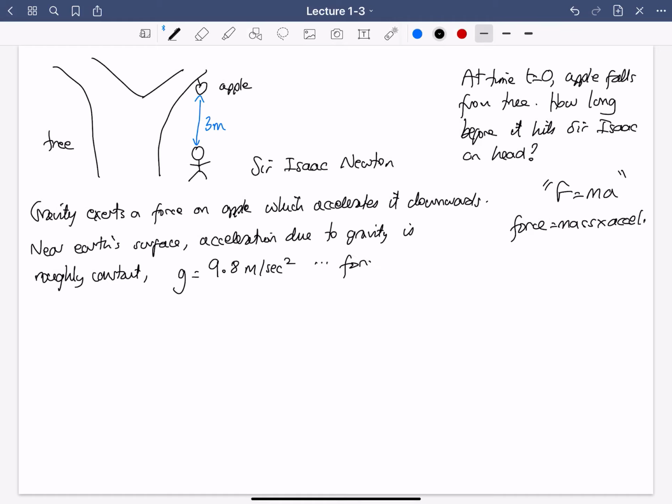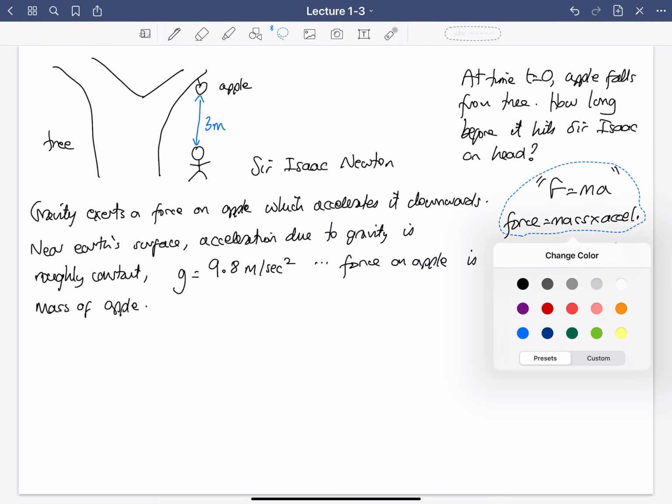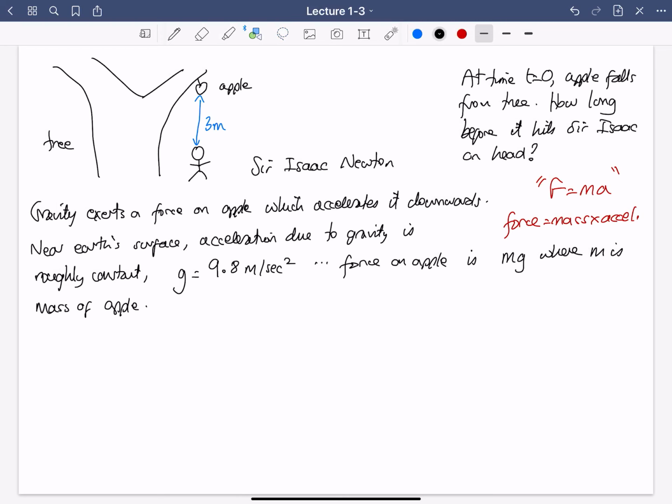So that means that the force on the apple is mg, where m is the mass of the apple. So let's make this a little bit more readable. So that's our basic Newton's law that this example is all about. F equals ma. So near the Earth's surface, the gravity makes things accelerate at this constant acceleration, 9.8 meters per second squared. So the actual force on the apple would be mg, where m is the mass of the apple.